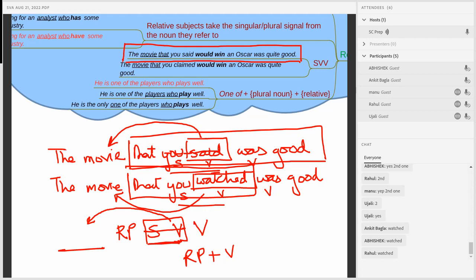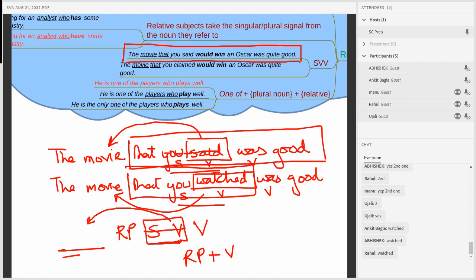But if I say the movie that you said was good, what I'm saying is the "was good" is not an absolute description. It is in your opinion. So whenever I say something like the movie that I said was good, the movie that I thought was good, right? In fact, let me put that down.